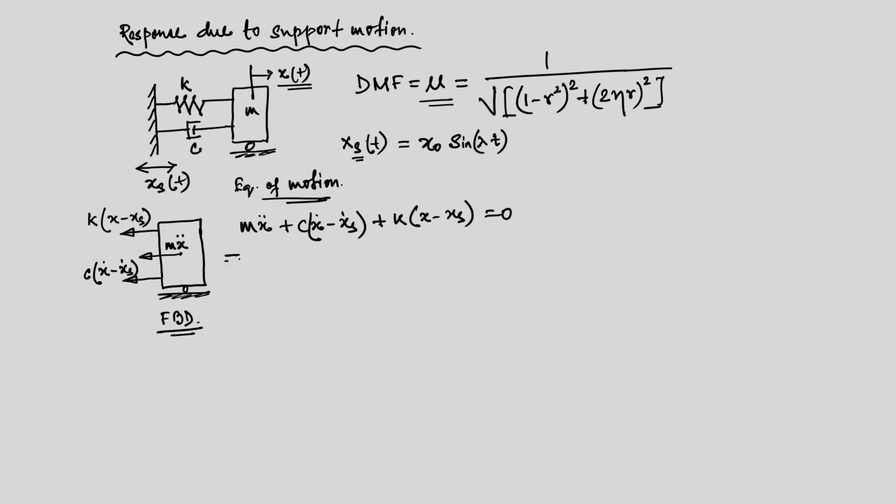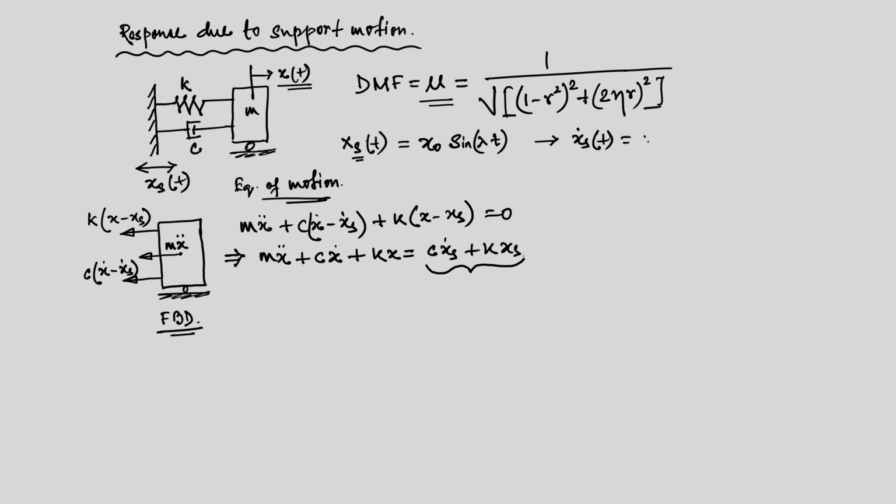We can modify this expression, and we have m x double dot plus c x dot plus k x is equal to c x s dot plus k x s. This new quantity is actually the applied force that is causing the vibration in the structure.